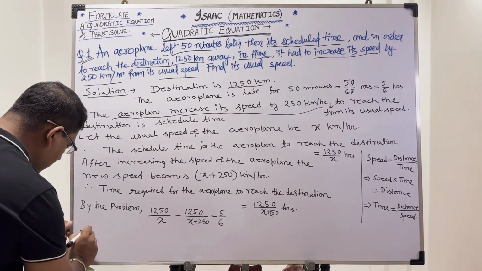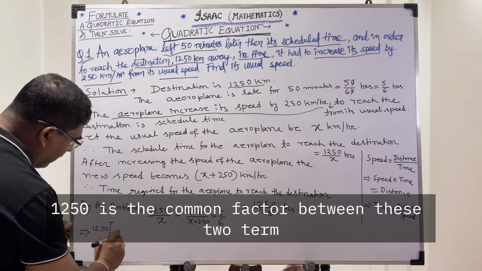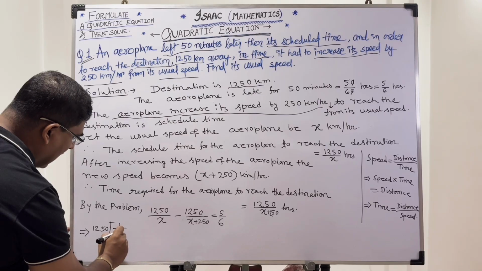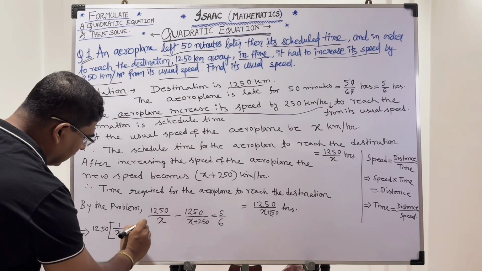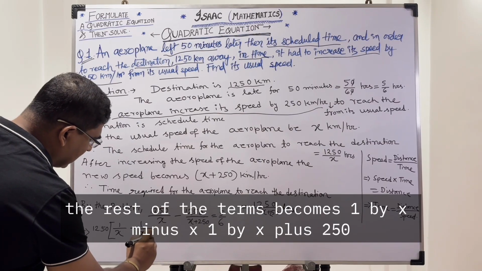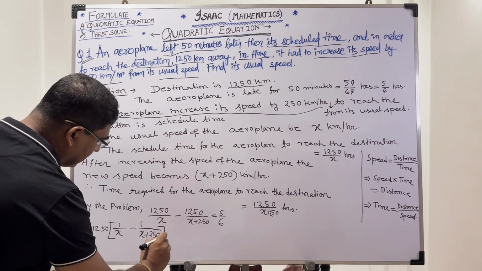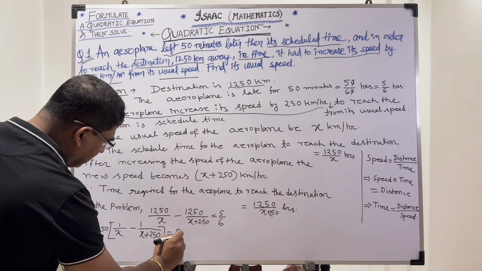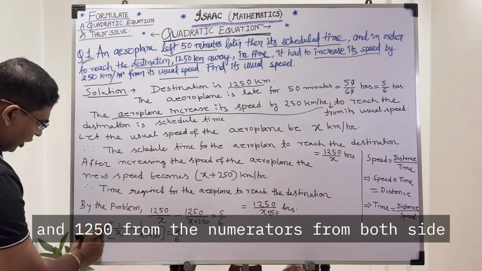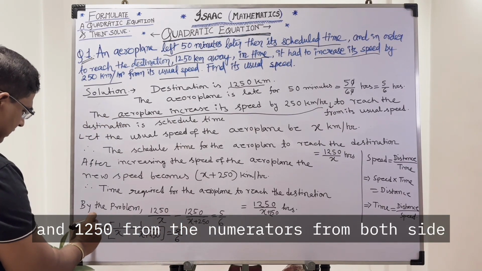So 1250 is the common factor between these two terms, and after taking 1250 as common, the rest of the terms becomes 1 by x minus 1 by x plus 250, that is equals to 5 by 6. We can cancel these 5 and 1250 from the numerators from both sides.